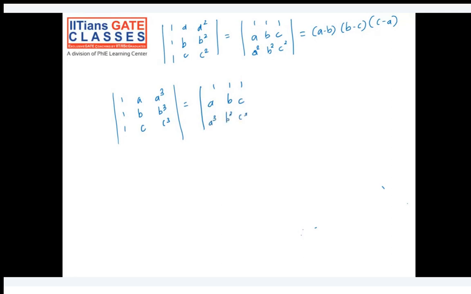You can write it as A minus B, B minus C, C minus A times A plus B plus C. Okay.